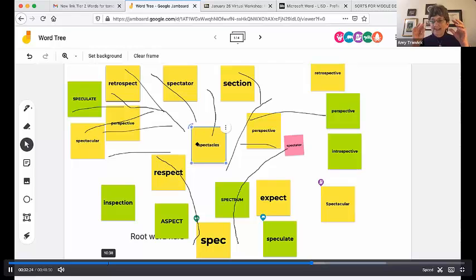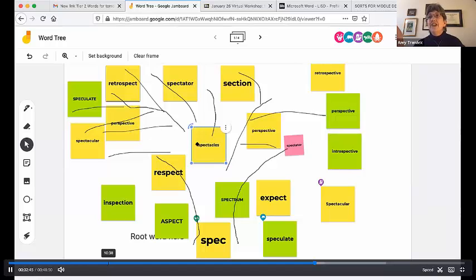We're looking. Okay. So what we would do with students is go through a good number of these words or break them into groups and have them apply the meaning of spec to each word and see if it makes sense.